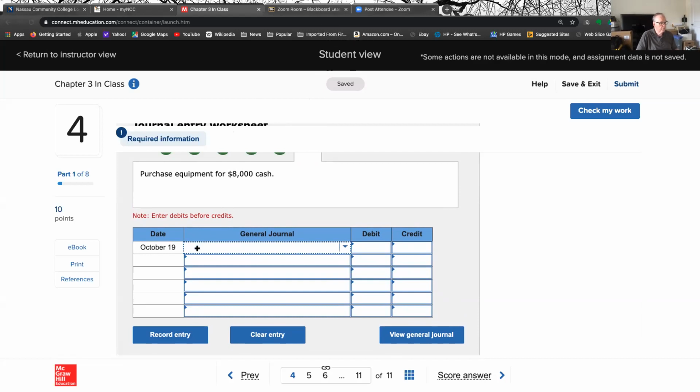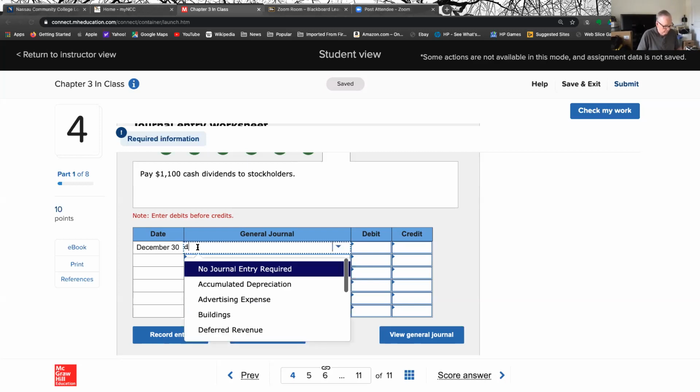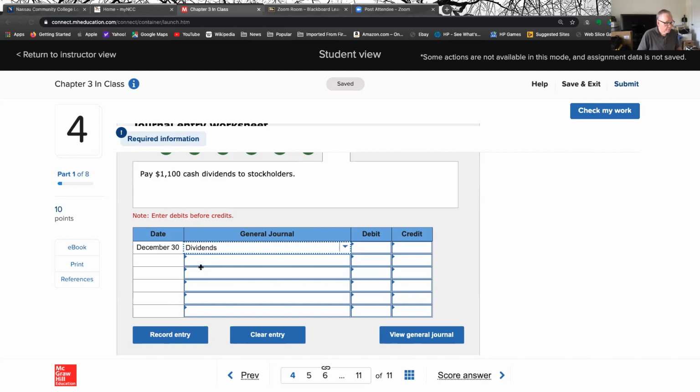Purchase equipment for cash. Debit equipment, right? And the word pay tells you to credit cash. Pay dividends. Pay cash dividends. So again, the word pay always tells you credit cash. So that means the debit has to be to something else, dividends.